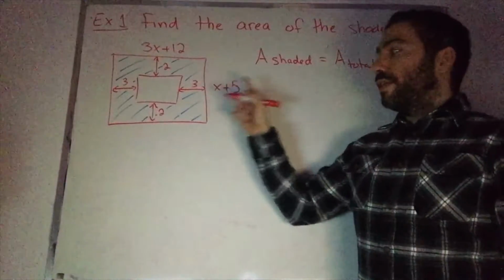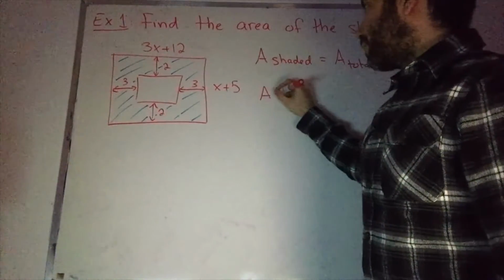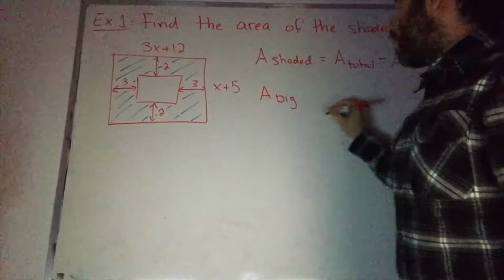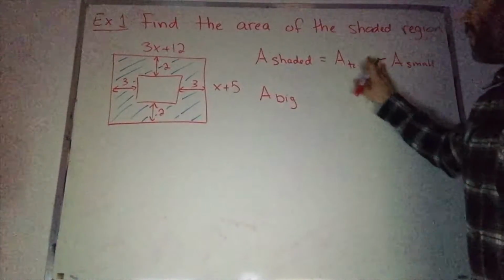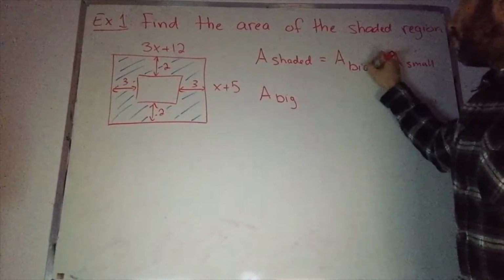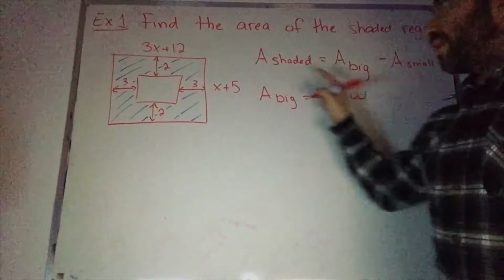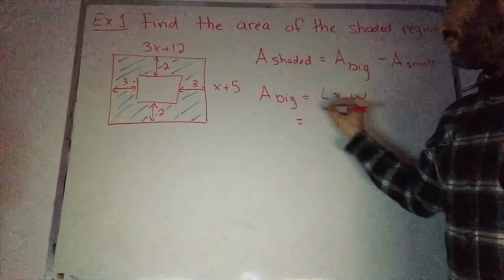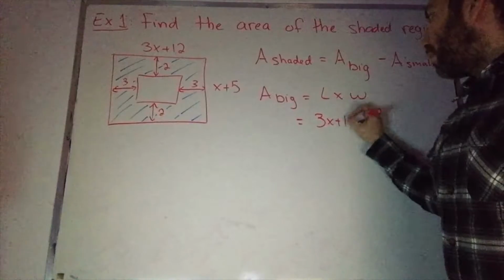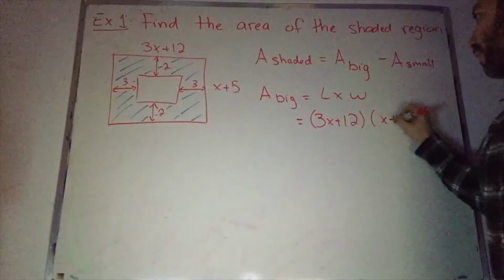So let's start off with finding the area of the big rectangle. We'll call it big instead of total. Area of the big is length times width, because it's a rectangle, and the length is 3x plus 12, and the width is x plus 5.